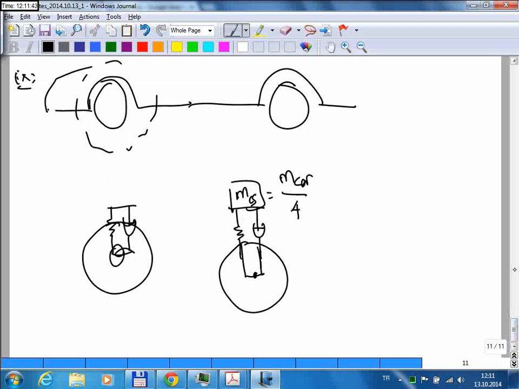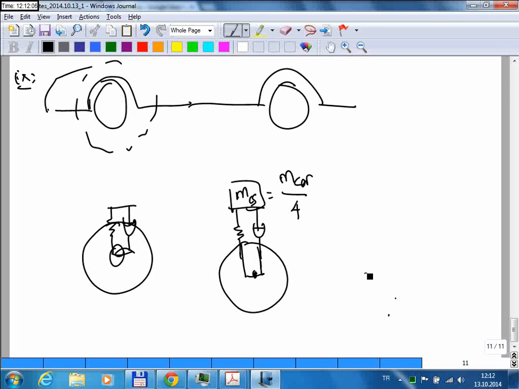Okay, so if you want to model this, you have several options. You can consider the wheel itself to be a rigid object, rigid mass. In that case, you can just continue with this model. But in fact, it's not really rigid, right? The tire is air filled, and it has certain flexibility.